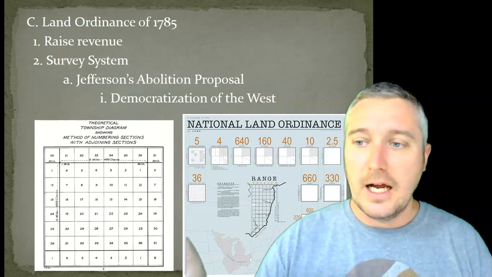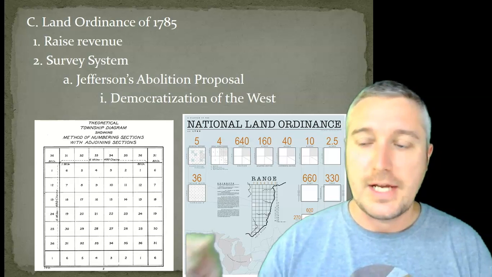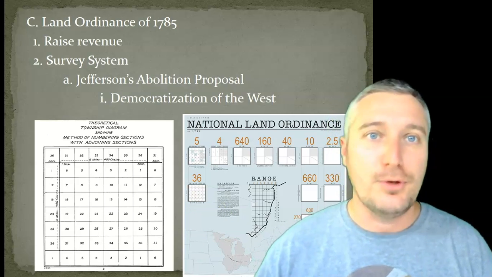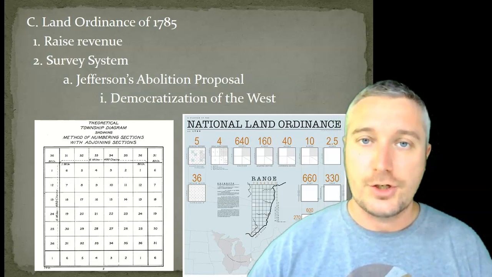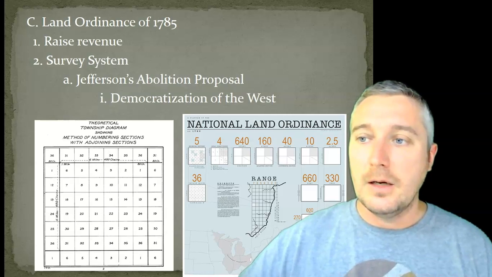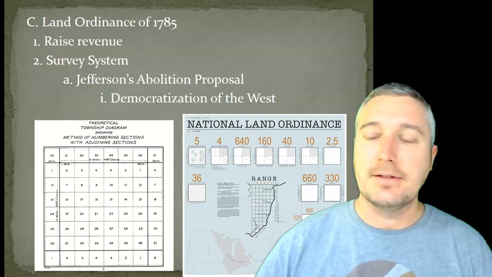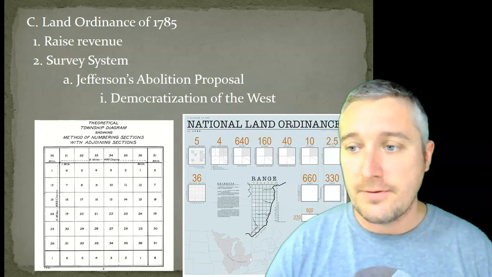Because in this land ordinance of 1785, this abolition proposal is actually fought down. And we're going to talk within a couple years here that they would get a proposal to abolish slavery in this area passed. Right here, it does not happen. Okay, but understand that they were debating this, and it was desired even by some Southerners like Jefferson.